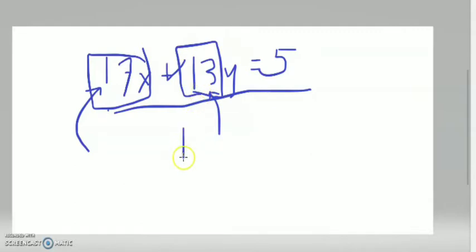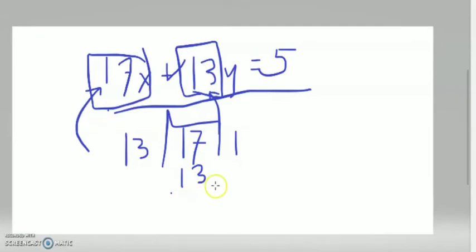So the first step is that we divide 17 by 13. After dividing 17 by 13, we get 1 as a quotient and 4 as a remainder.